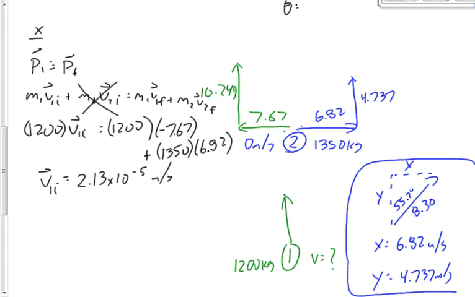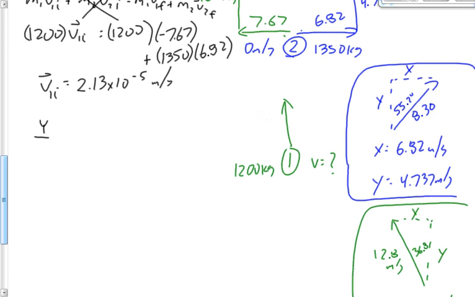So you could get a slightly different number than that. In fact, a fairly significantly different number than that and still be correct depending upon how many decimal places you use. The good news is it's not going to matter. In a moment, you'll see why. Let's do the Y component here. PI equals PF, M1 V1I plus M2 V2I.